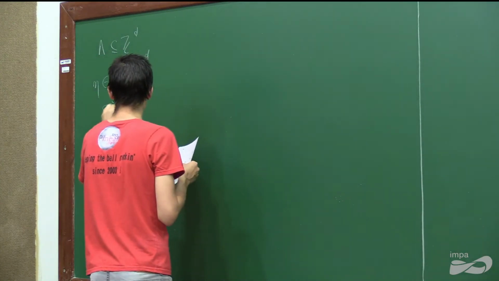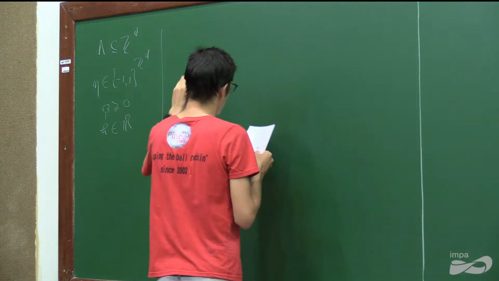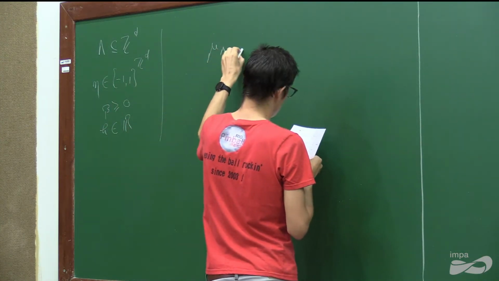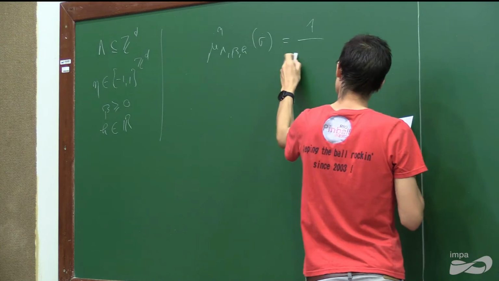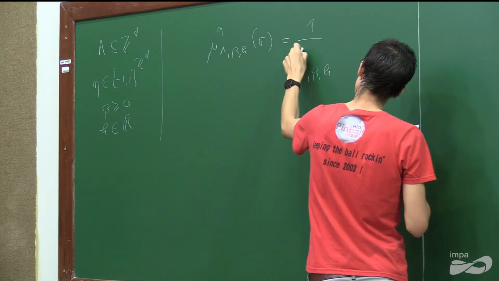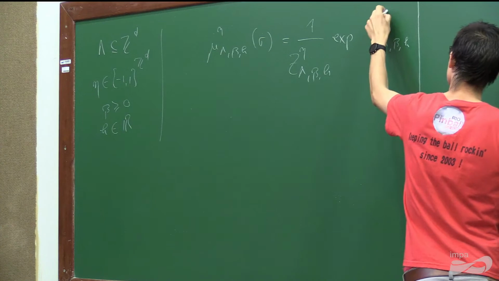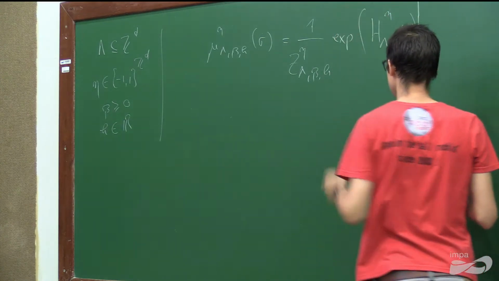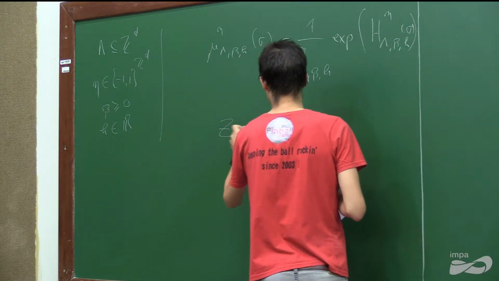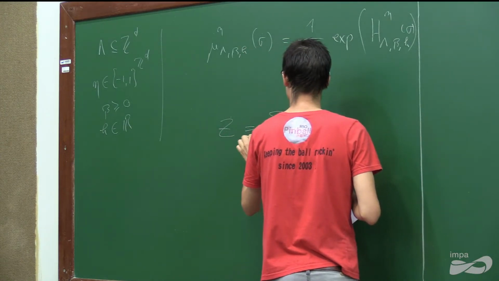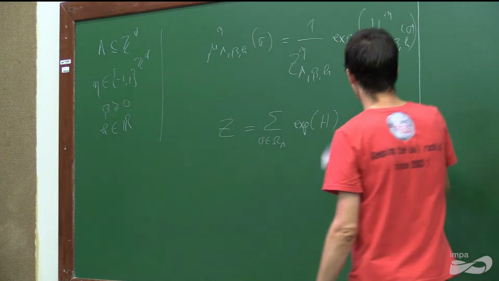We have a positive beta and some h in R. And we define mu_{Lambda,beta,h,eta}(sigma) to be equal to 1 over Z_{Lambda,beta,h,eta} times exponential of minus the Hamiltonian H_{Lambda,beta,h,eta}(sigma), where Z is just the sum over all configurations of these weights.